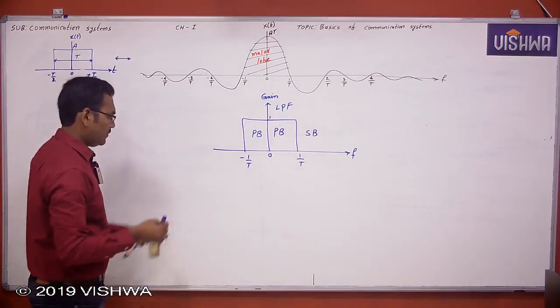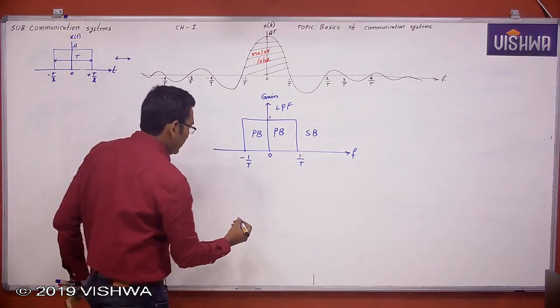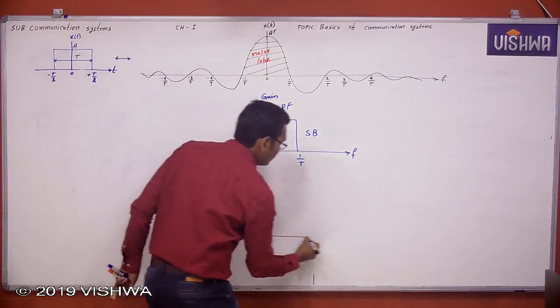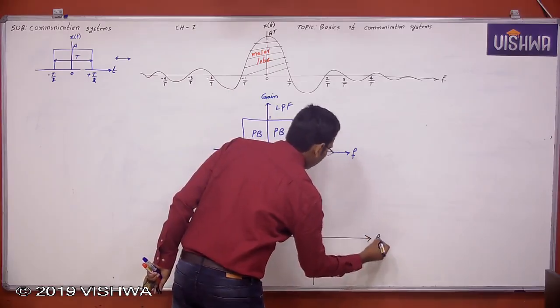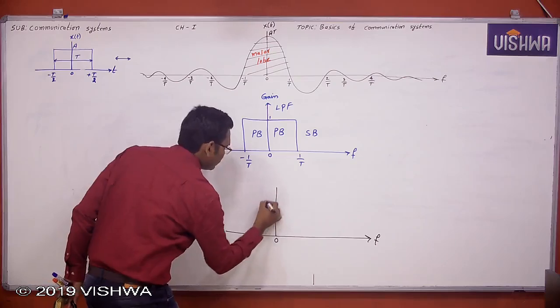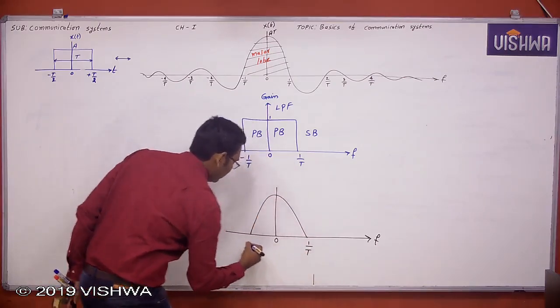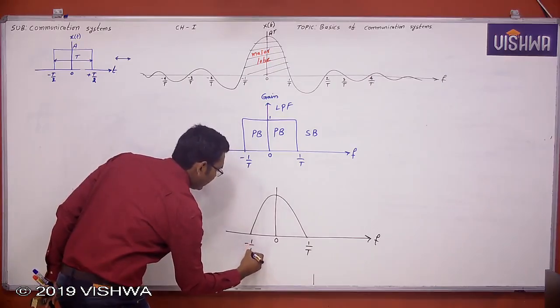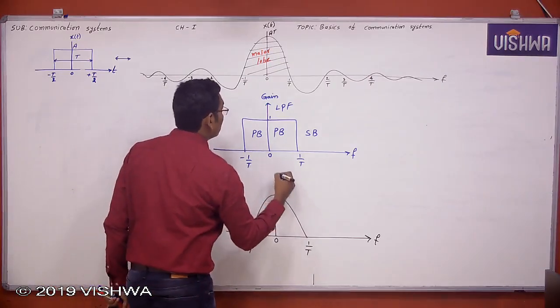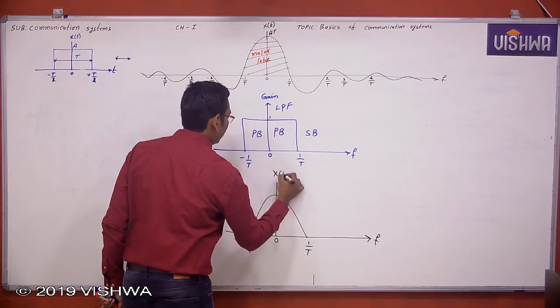Now this low pass filter will allow the low frequency components and reject the unwanted frequencies. Now if you see here, this is 1/T, this is minus 1/T. Therefore this is nothing but AT, X(f).